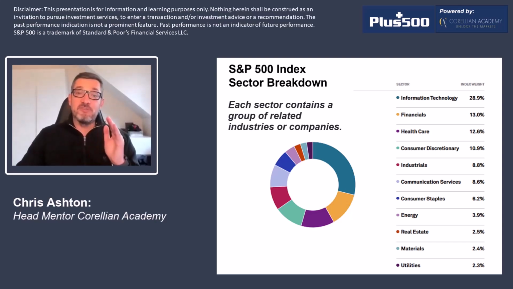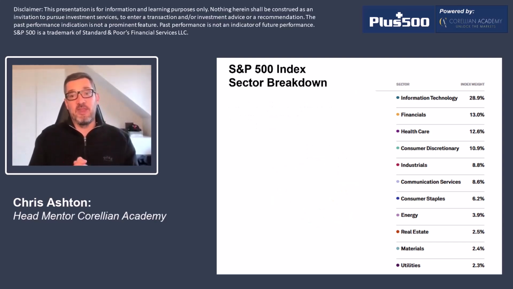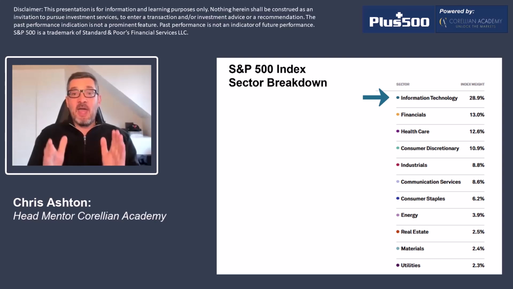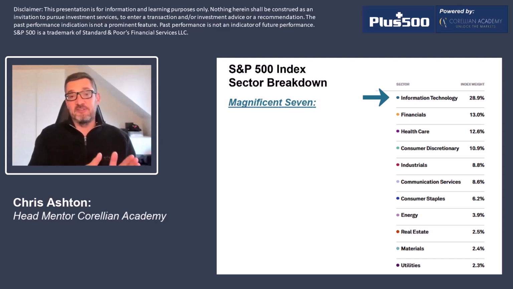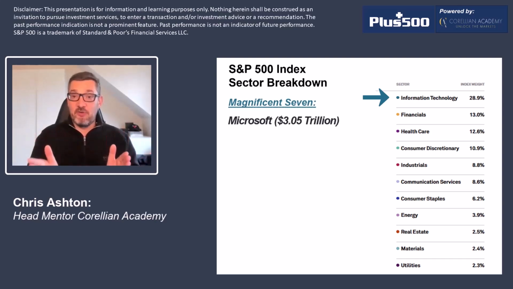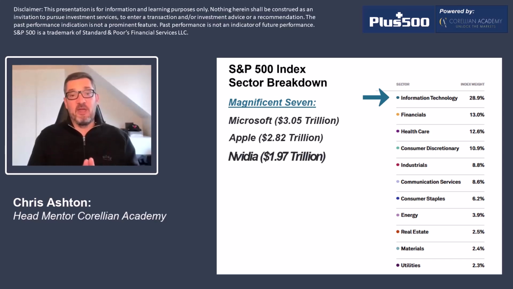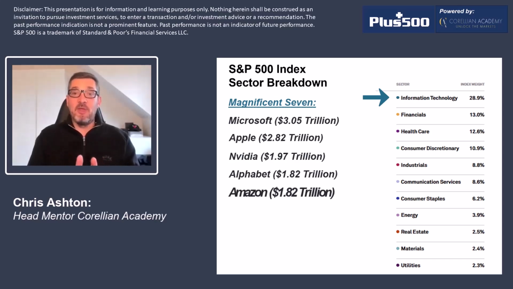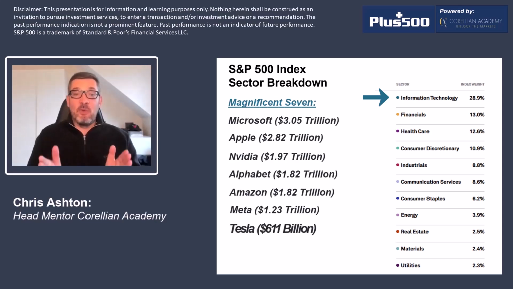Now, by far the most influential sector within the index is information technology. And that's because this sector contains 7 of the 9 biggest companies on the planet, otherwise known as the Magnificent Seven. That is Microsoft, Apple, Nvidia, Alphabet, Amazon, Meta, and Tesla. To emphasize just how big these companies are, the number next to the company name represents its total value as of Friday, the 23rd of February, 2024.